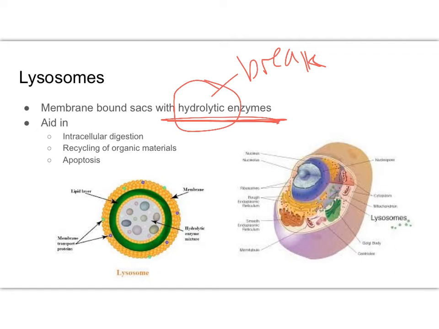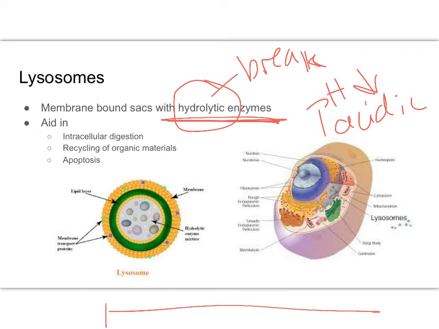And so inside the lysosome, the pH is different than it is in the rest of the cell. The pH is lower. I know a lot of y'all are just now getting into chemistry, so a quick pH review. The pH scale goes from 0 to 14, with about 7 being neutral, and lower numbers are more acidic.